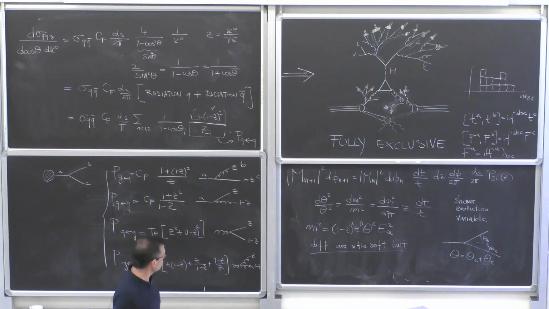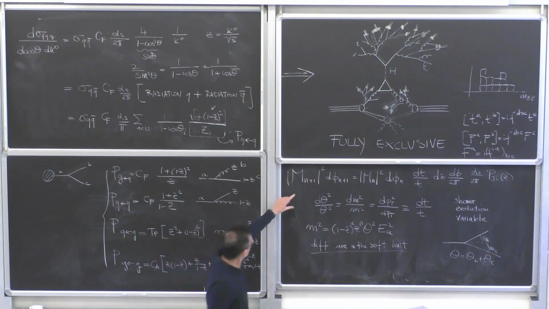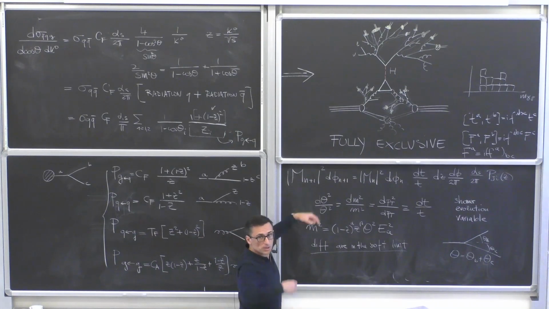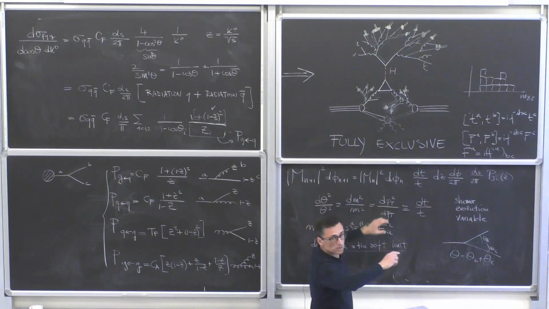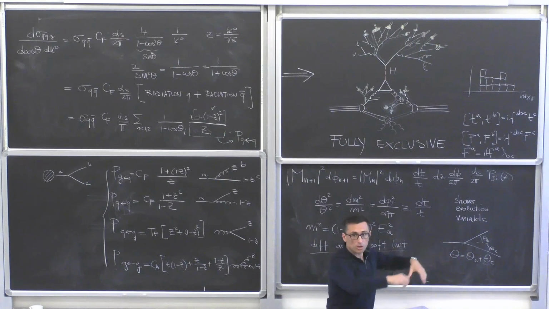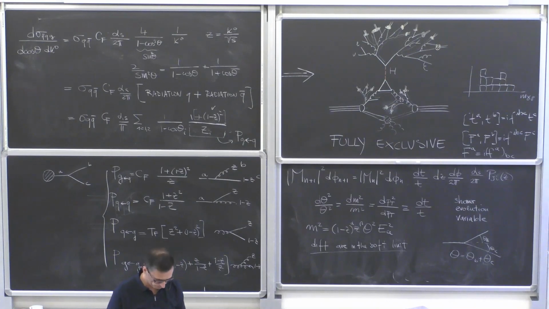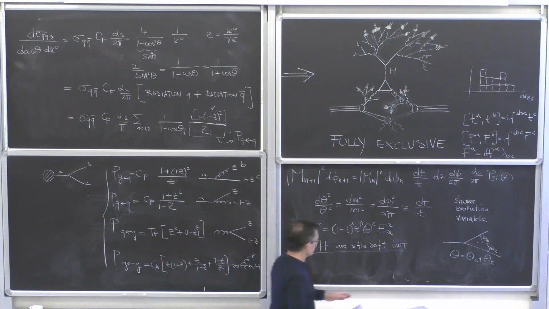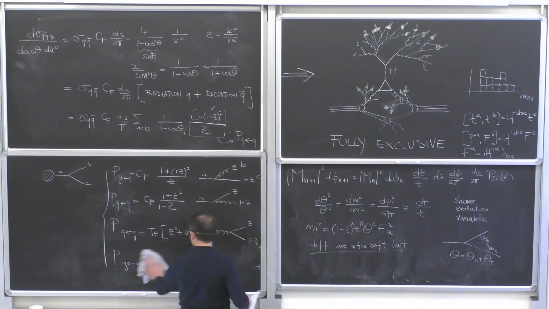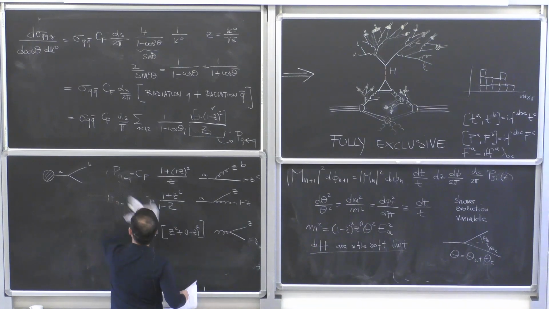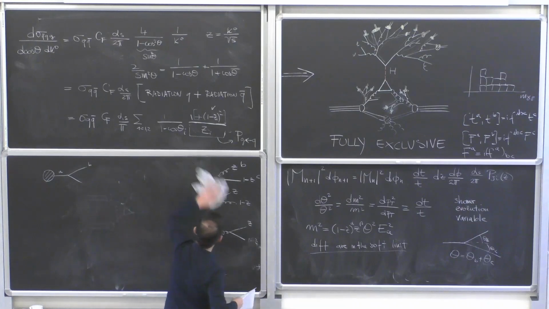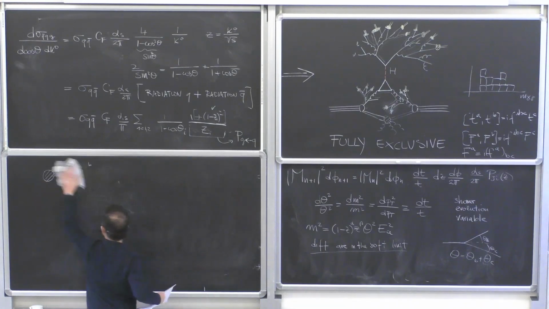And then if we want to iterate, I can iterate this formula now. Next step, I make another splitting. The only condition I have is that it's strongly ordered.